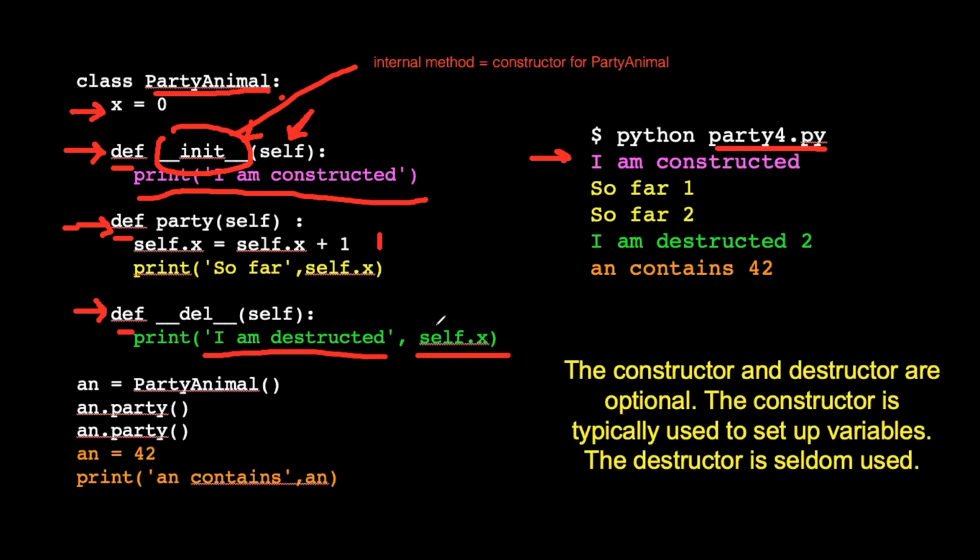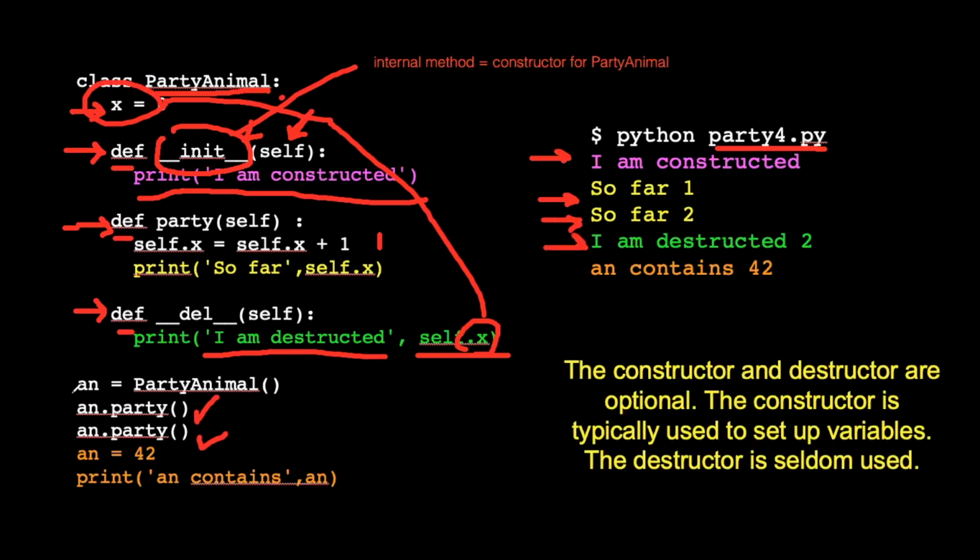So what is self? Self is itself. So what is this x? X is, of course, itself, right, like right here. So far one, so far two. The reason that is the case is because I'm printing this twice, one time, second time. And then the third one is "I am destructor". What does that mean?